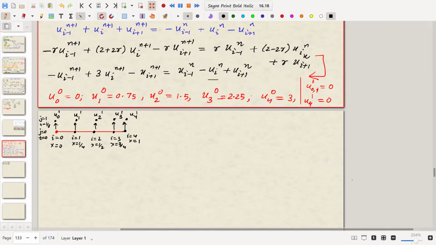If you put i equal to 0, n equal to 0, what do you get? u00. Put your heart into this a bit. This is the last method.